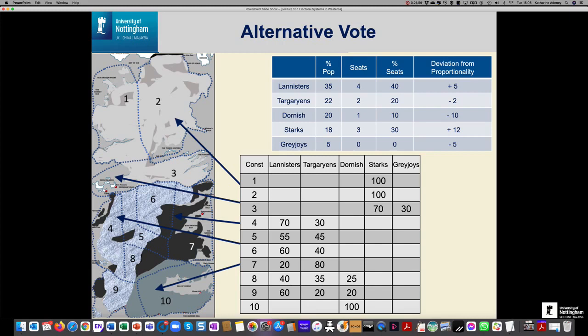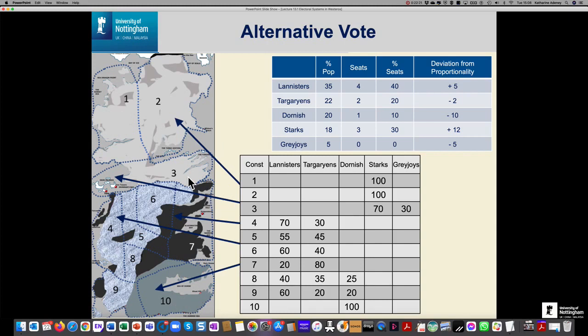One important thing to mention, however, is that this system only works when groups are territorially intermixed. They have to be mixed together in the same constituency. So for the point of this illustration, we can ignore constituencies 1, 2 and 10 because these are homogeneous, and the Starks are going to win numbers 1 and 2 and the Dornish are going to win number 10.